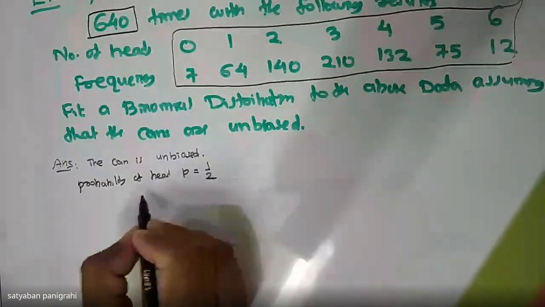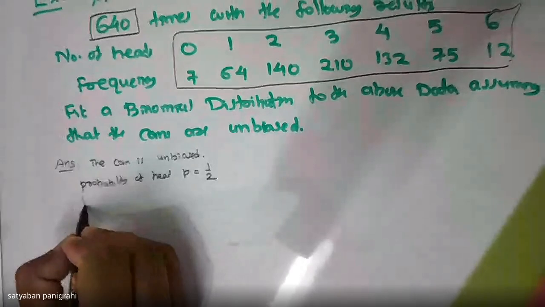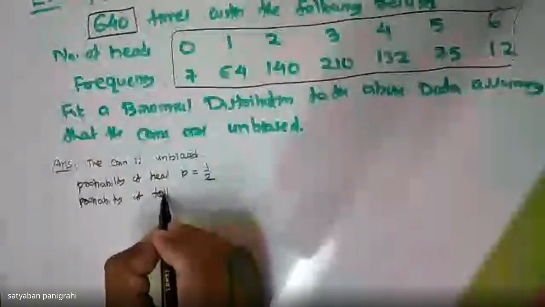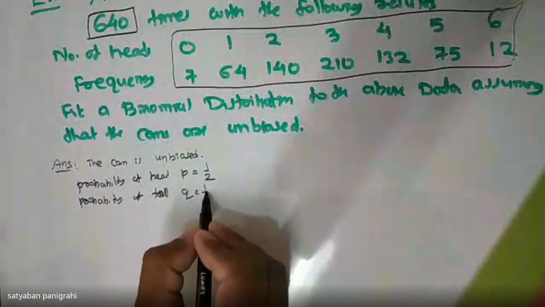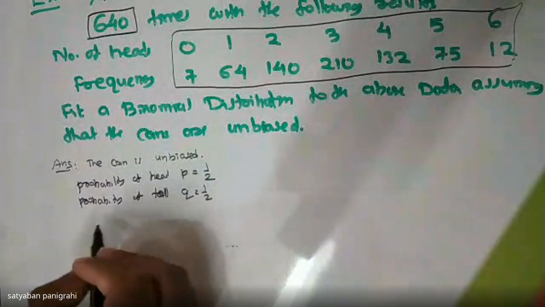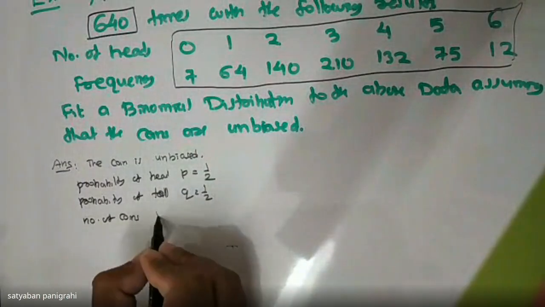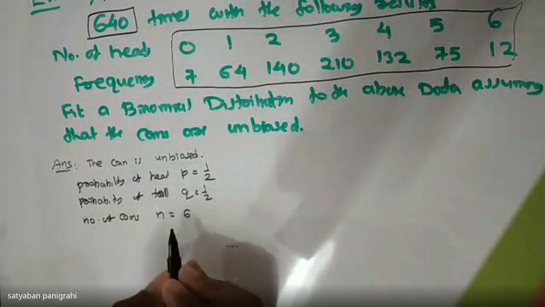So its complement, probability of tail Q, is 1 by 2. And here number of coins N is 6.